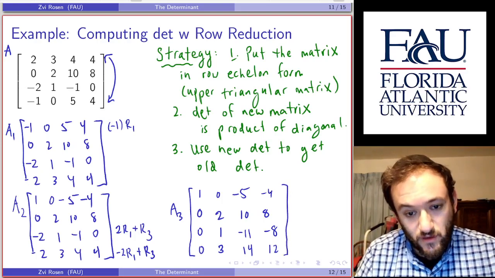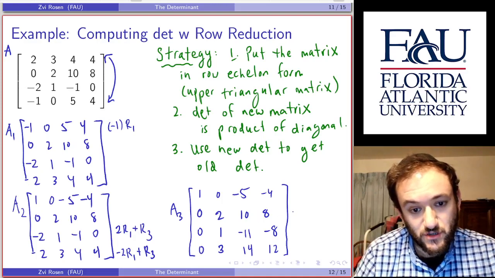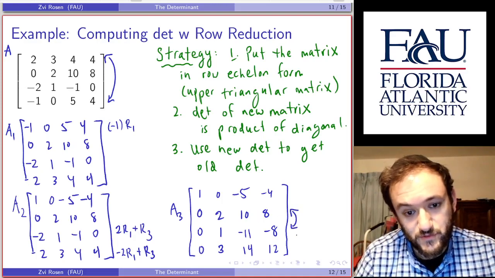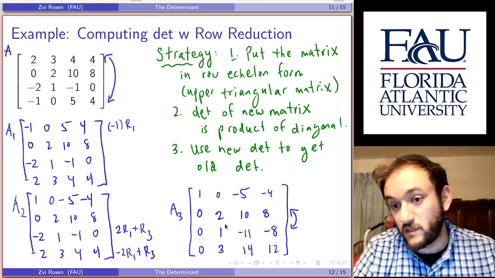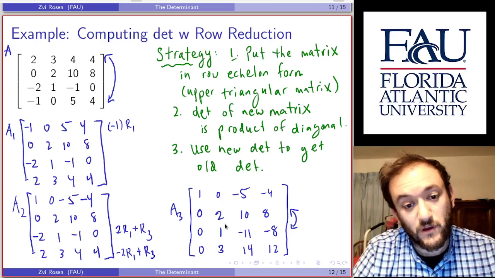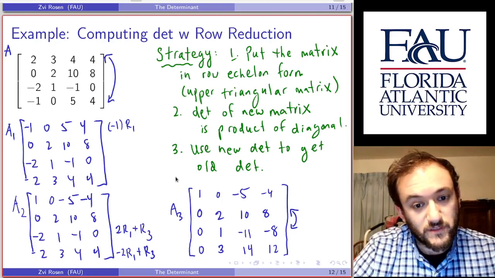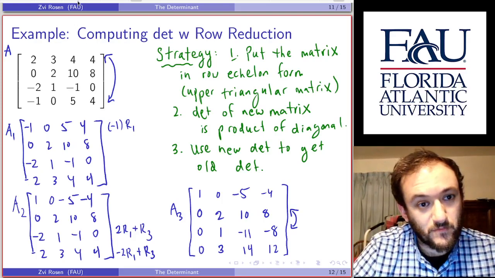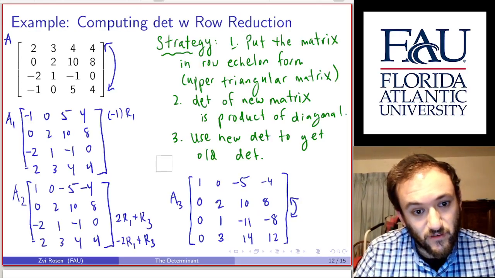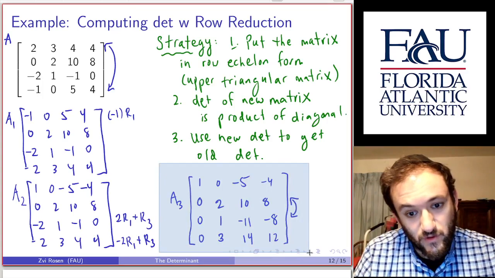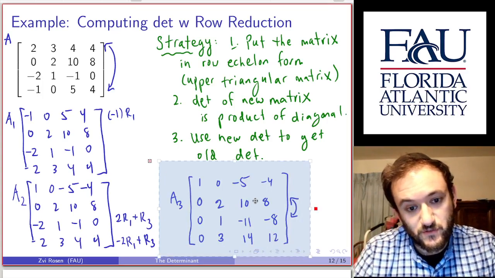So now it's useful to switch these two rows, because we've got a 1 to be the leading one in the second row. So we're going to do that.